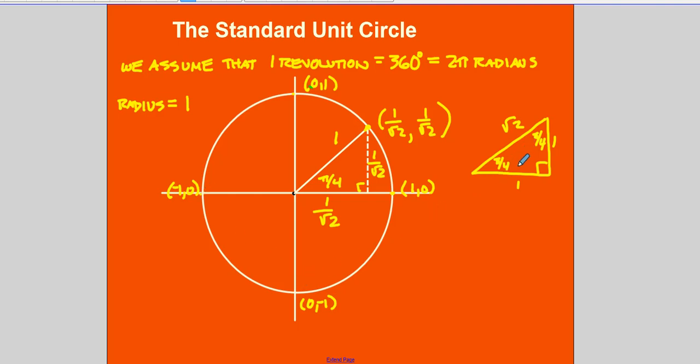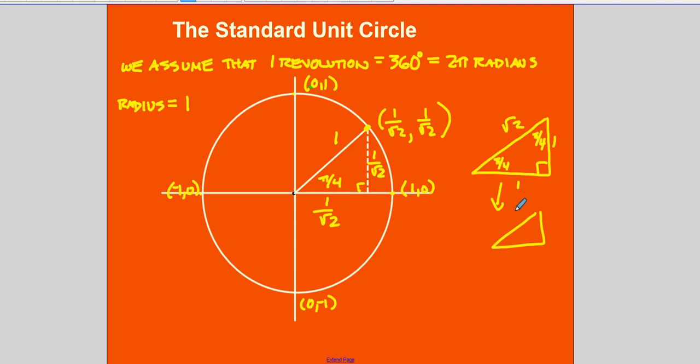Notice on the special right triangle, the 45, 45, 90 triangle, pi over 4 is 45 degrees, and the ratio is 1, 1, square root of 2. On the unit circle, the coordinate of this point is going to be 1 over square root of 2, 1 over square root of 2, because all I did was take a similar triangle and divide everything by square root of 2.